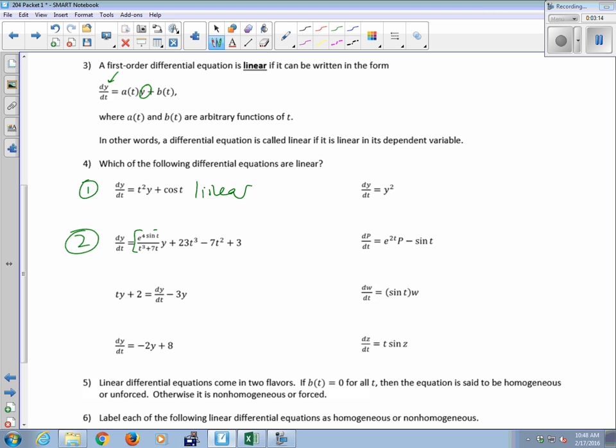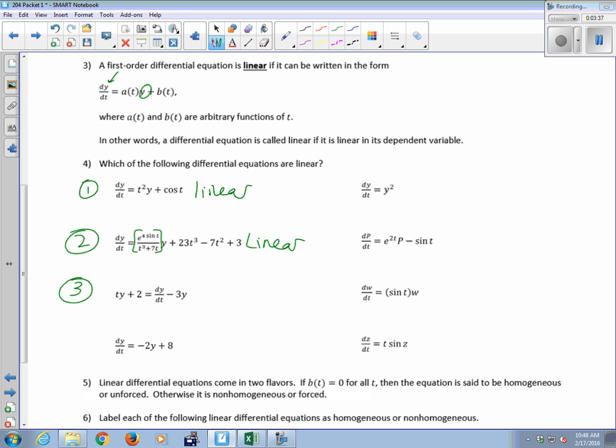We've got a function of t times y to the first plus another complicated function of t. The functions in t can be as complicated as we want. What we're looking for is the y to the first. So this is linear. Yep, we don't care about anything with t's. I'm looking at the y's.